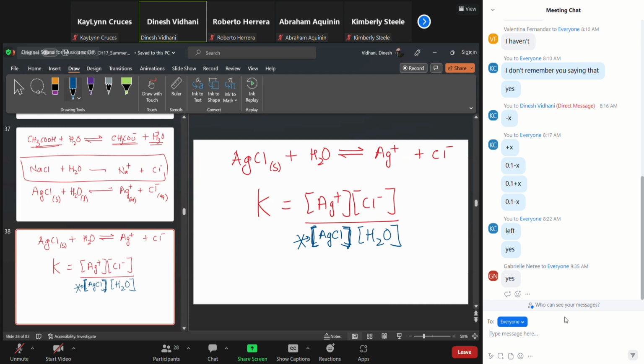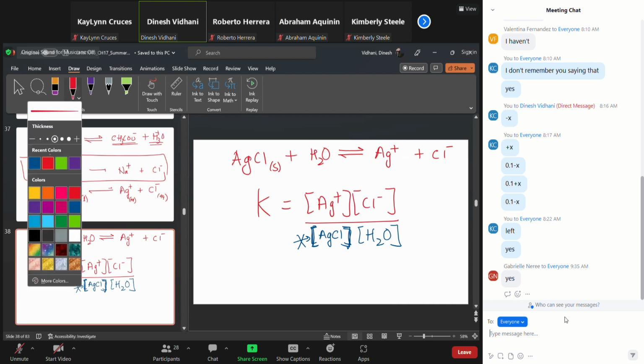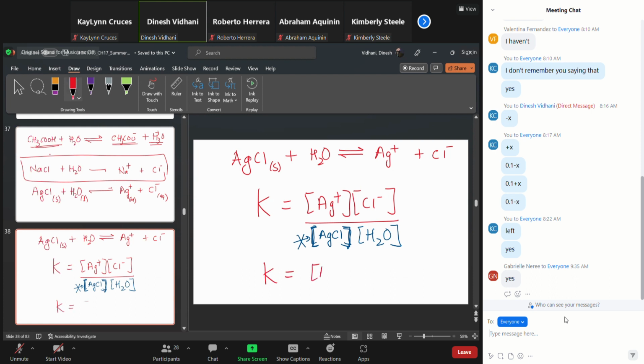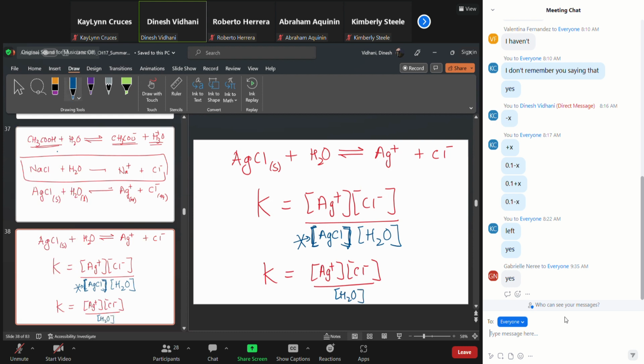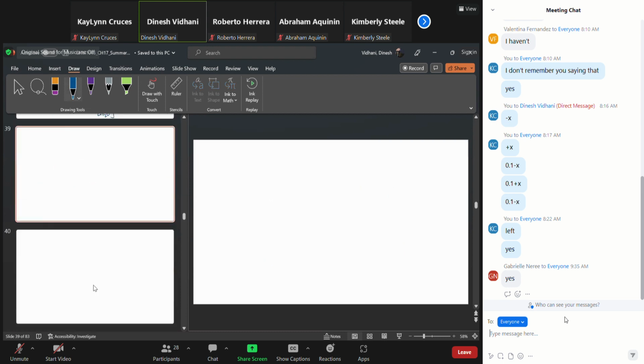So I'm going to rewrite it one more time. I'm going to skip AgCl, and now I'm going to put water into the picture. See, the way I wrote it for the Ka, I can do the same thing with this equilibrium, right?